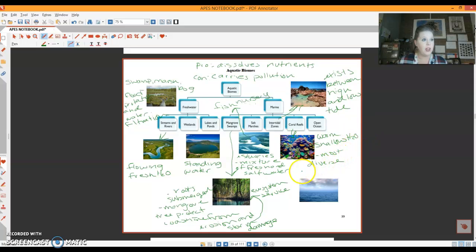Okay. And it requires what we call DO, which is dissolved oxygen. So we're going to put needs DO, dissolved oxygen. So what dissolved oxygen is, is little tiny bubbles of oxygen that are dissolved in the water. And the reason this is important is because that's what fish use to breathe.